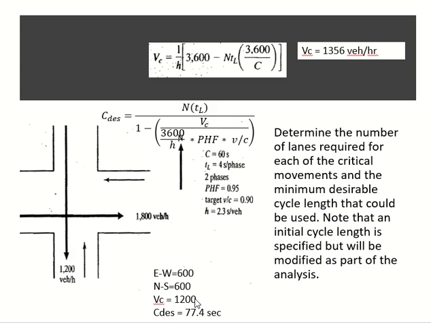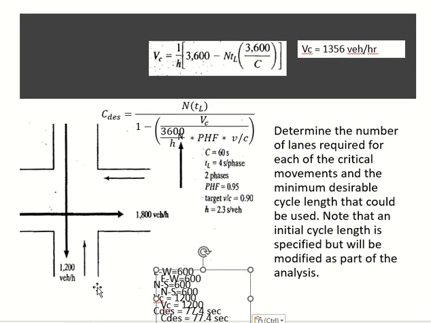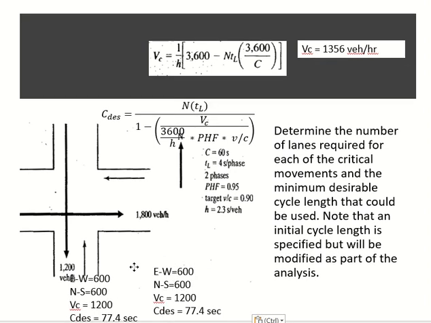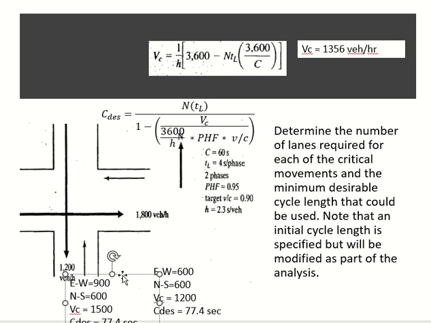If I go for 2 lanes and 2 lanes, then how much is my flow? It was 900 and 600, right? Then how much cycle length do I need then?